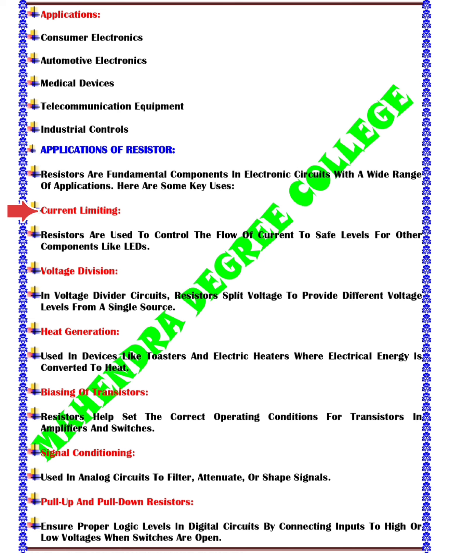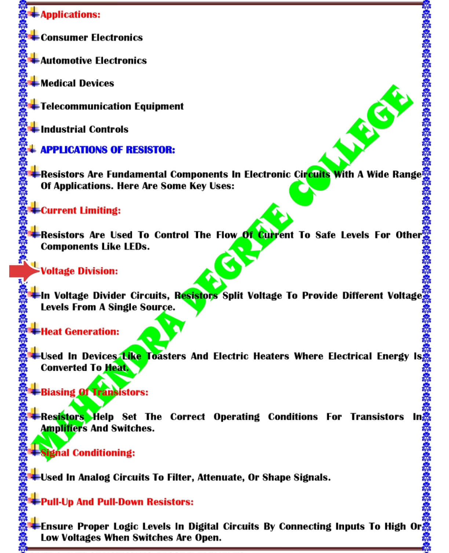It means resistors are used as current limiting devices to control the flow of current in circuits, particularly to protect components like LEDs from damage due to excessive current. By introducing resistance, resistors prevent too much current from flowing through a component, ensuring it operates within safe limits.